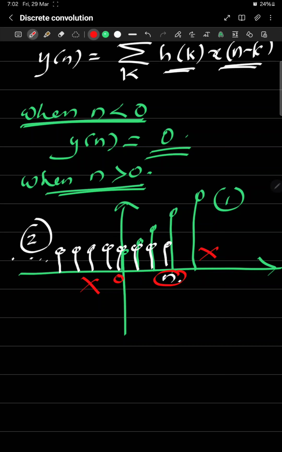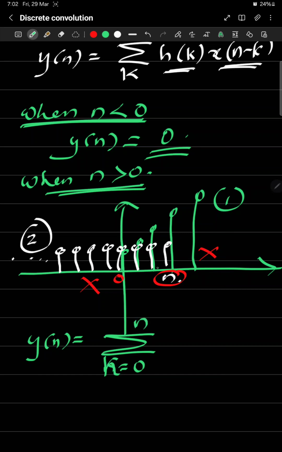So you can say that your y of n will be y of n equal to sigma k varies from 0 to n.